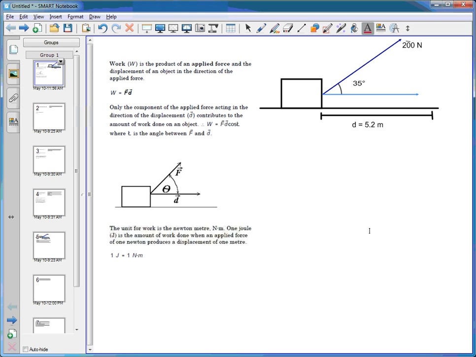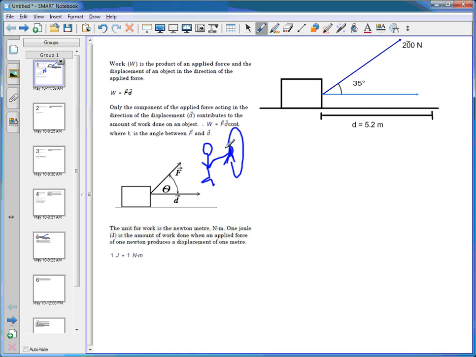So there are a couple examples where even though a force is applied to an object and an object is moving, there's no actual work being done. One example would be we have a man standing here and he's got a string, and on the end of the string there's a ball, and that ball is whirling around in a circle.